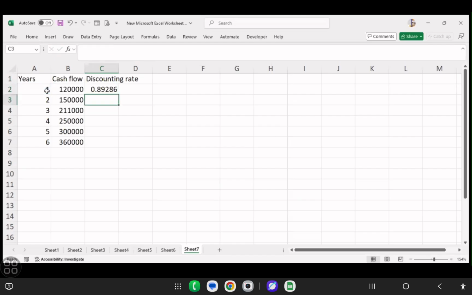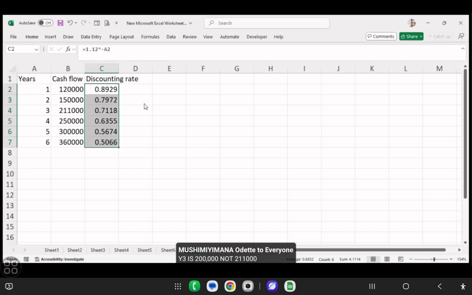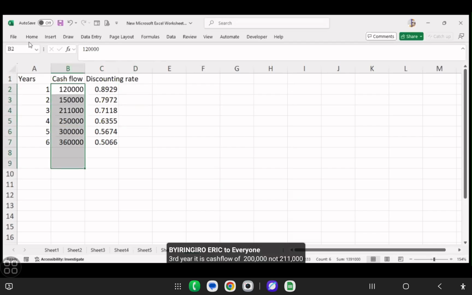This will give us the discounting rate for year one. And I'll go down to the last year. In an examination, always give 4 decimal places for the discounting rate. It is sound okay that way.